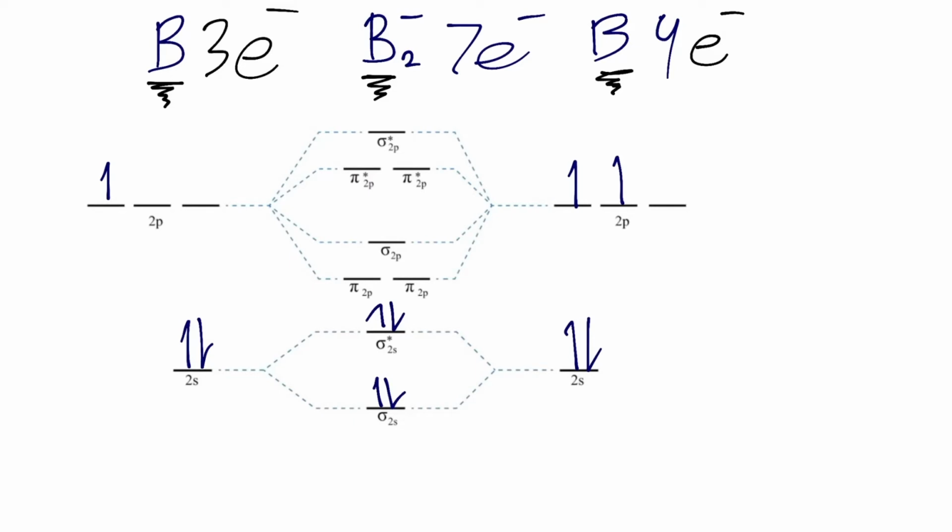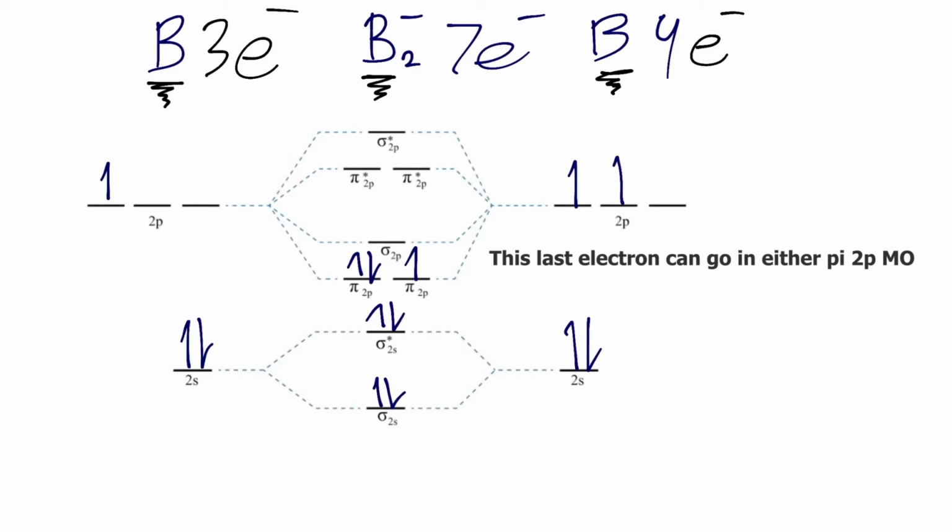And then we go into our p orbitals. We have 3 electrons within our 2p atomic orbitals that we can use. And again, we'll start with the lowest energy, the pi 2p molecular orbitals. We have 2 of them, and we have 3 electrons to include here. So we'll fill each one up with 1 electron, and then we have 1 left over to place right there.